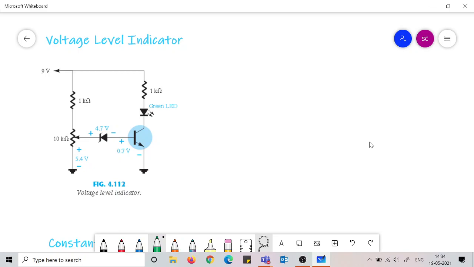That indication normally comes in the form of an LED light glowing. So when the LED light is glowing, we can say that yes, the required voltage level is there in some part of the circuit. And when the voltage level is not getting maintained, then the LED will turn off.